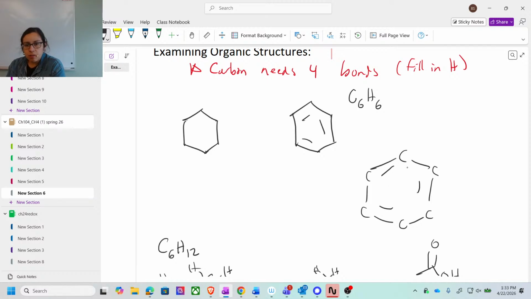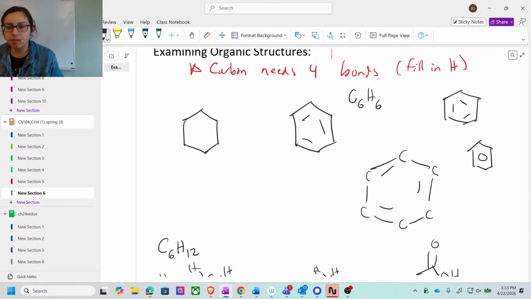You could draw it alternating like so, or you can draw it where the double bonds look like they're on other carbons, or you might see it abbreviated like this to show the delocalized aromatic pi system. And then 1, 2, 3, so that's how you got C6H6 there.